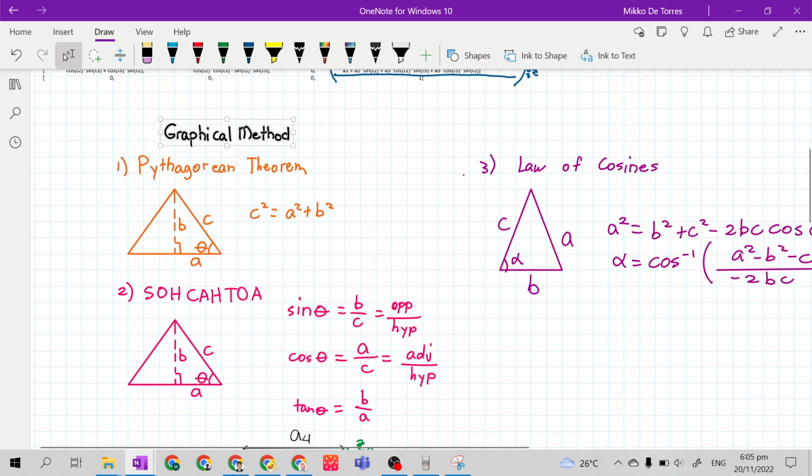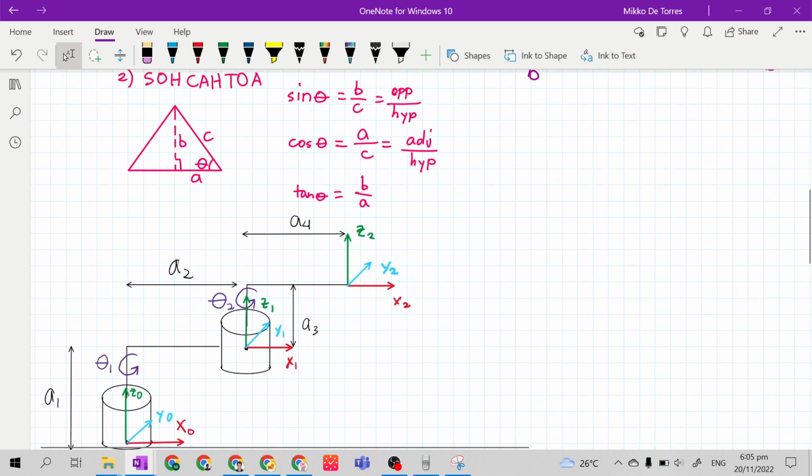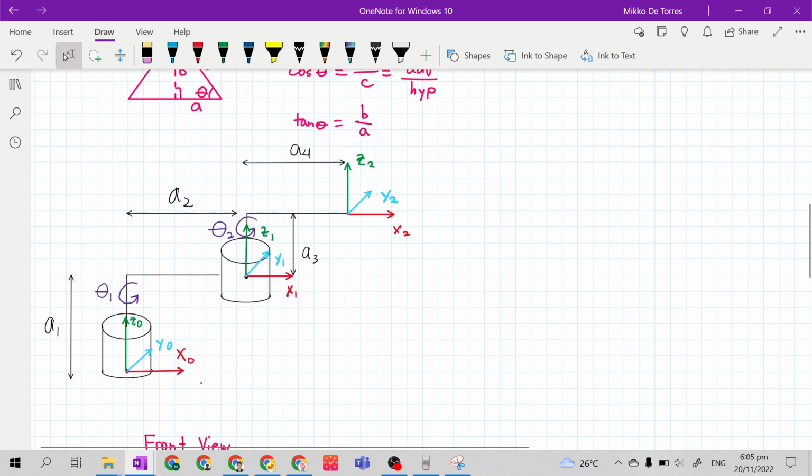So the first step of the graphical method for our simple mechanical manipulator is to first draw the kinematic diagram, of course, and make use only of the base frame.